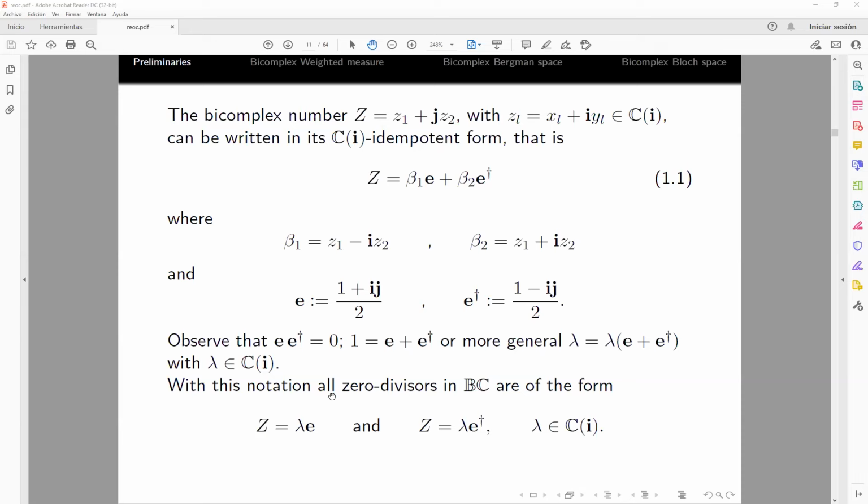With this notation, all zero divisors in the bicomplex numbers can be written in this form: z equal to lambda e or z equal to lambda e dagger, with lambda a complex number. Then we have this complex line of zero divisors in the bicomplex numbers.